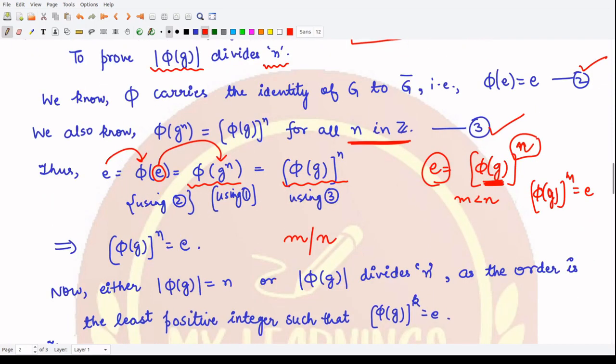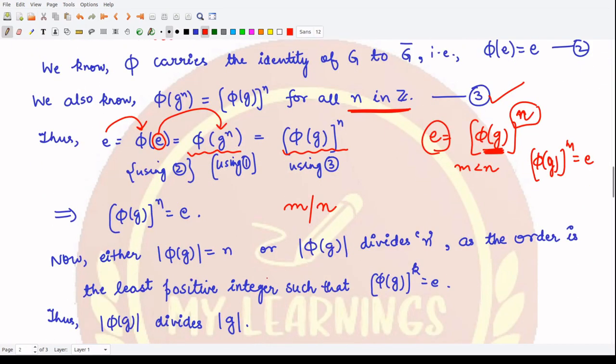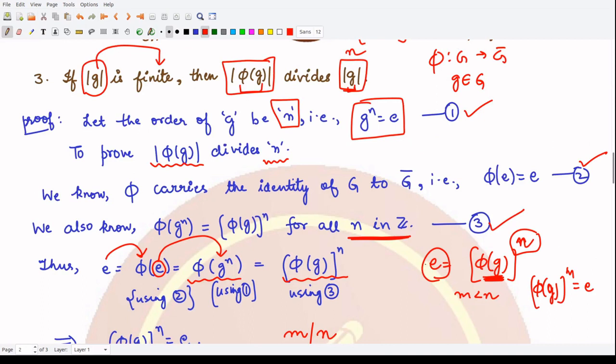So we say that the order of phi of g always divides the order of g. Why is it so? Because if n is the order, then it is the least positive integer such that you have this property. Otherwise it would be some multiple of the order, correct? Okay, so this is for this third property.